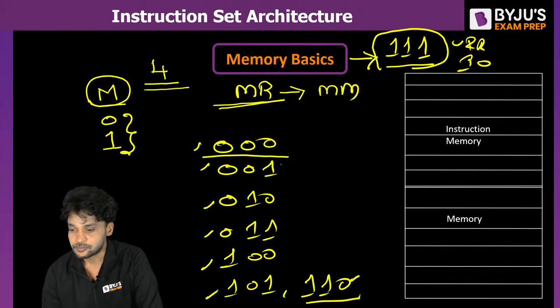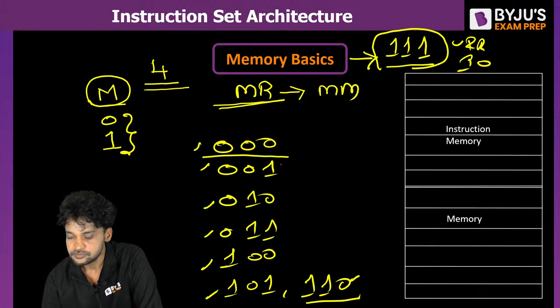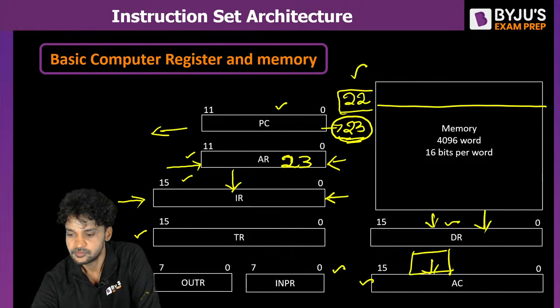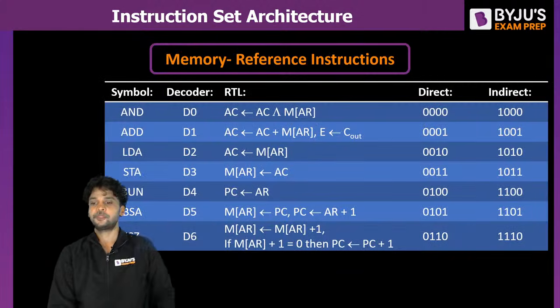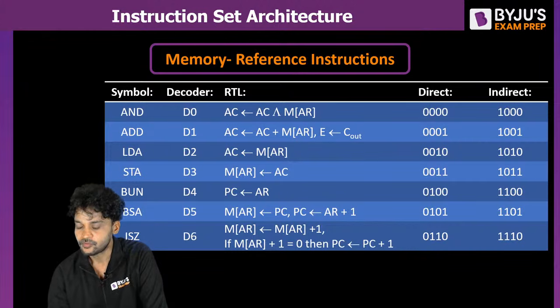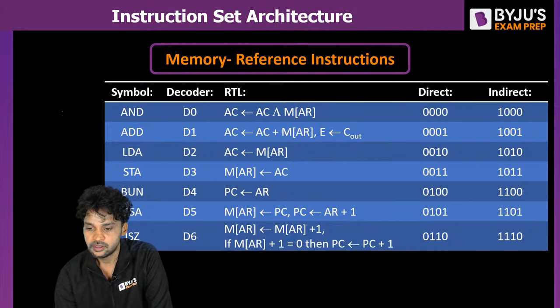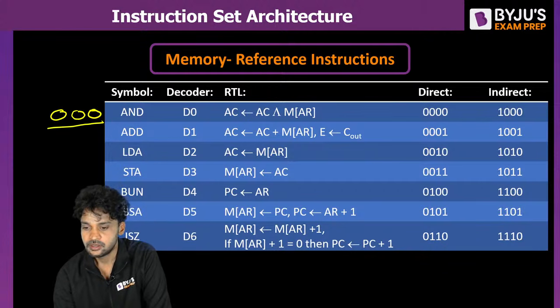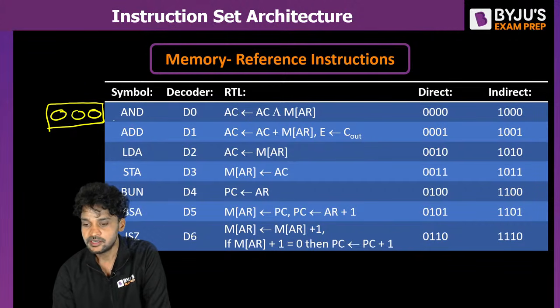Okay. Now, listen. If the opcode is 000, the operation that is going to be performed within the system is the AND operation. If the opcode is 001, the operation is addition.